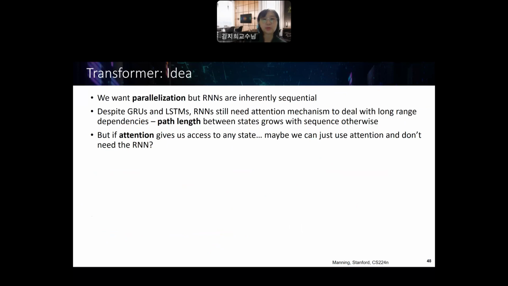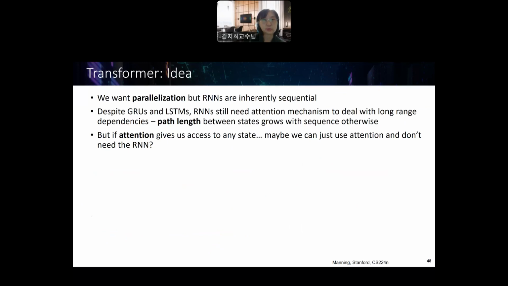While we are using GRU and LSTM, we still have to work on long-range dependencies. And if our sequence grows, the path length grows as well. But if the attention mechanism can access any state, maybe we can just use attention, and we don't need this sequential structure of RNN. That was the question.